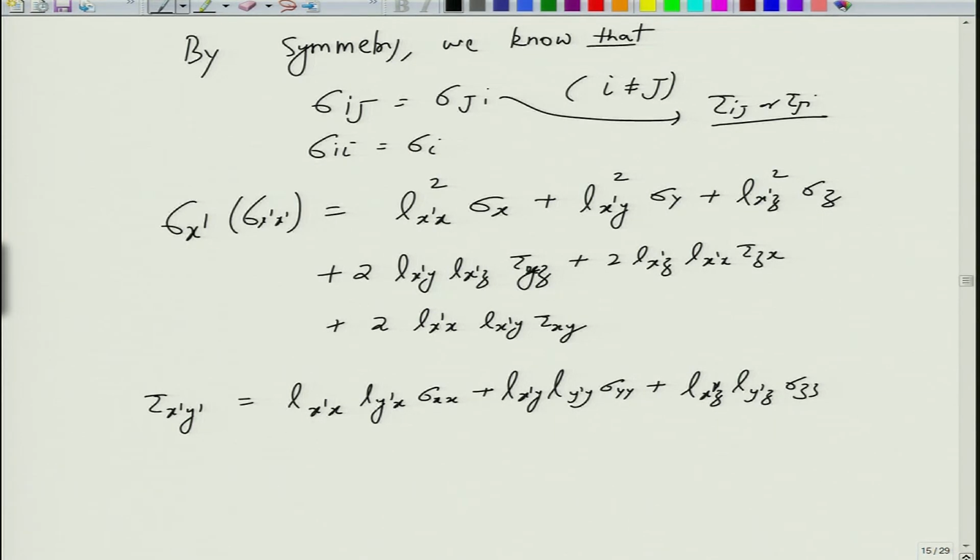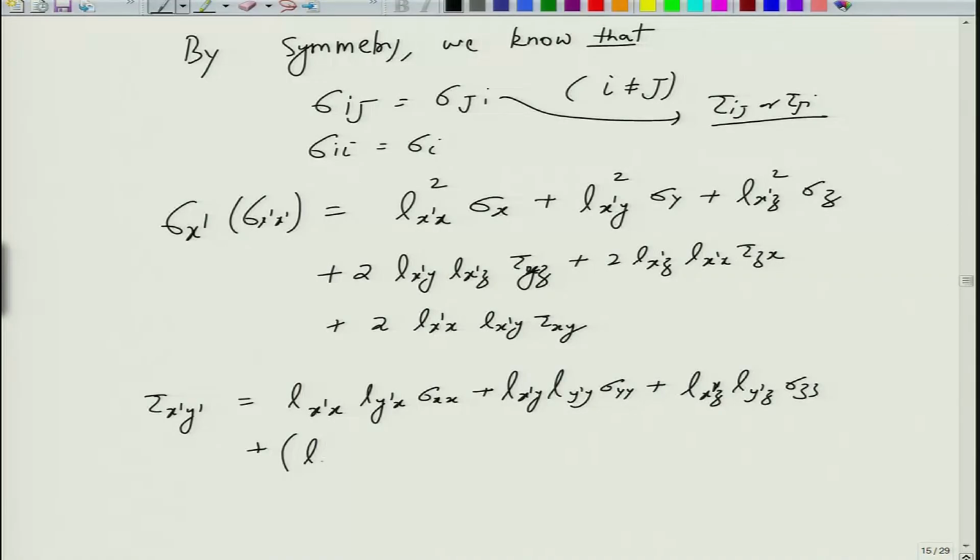So L of x prime x, L of y prime x sigma xx plus L of x prime y, L of y prime y sigma yy plus L of x prime z, L of y prime z sigma zz. So first the three normal components, and then we write the shear components. So the first one will be L of x prime y, L of y prime z plus L of x prime z, L of y prime y into tau yz.